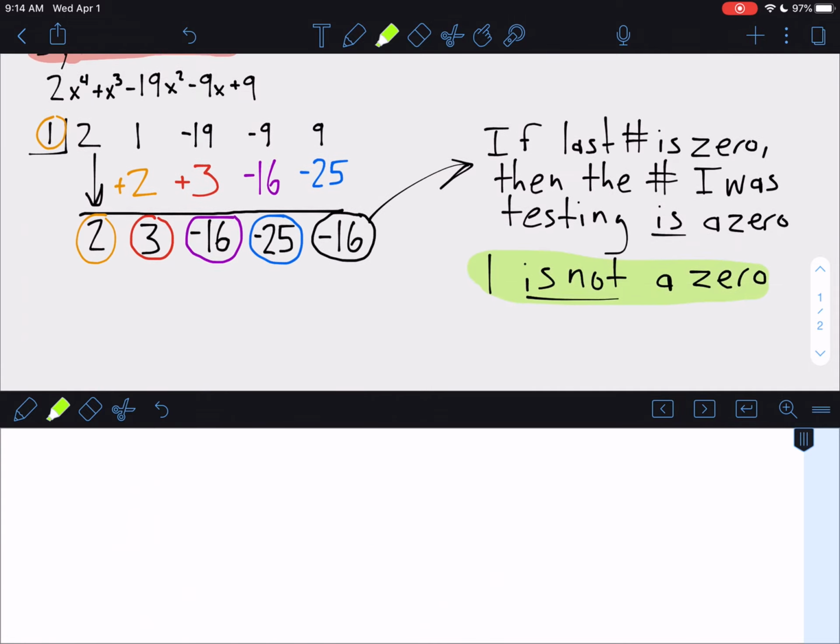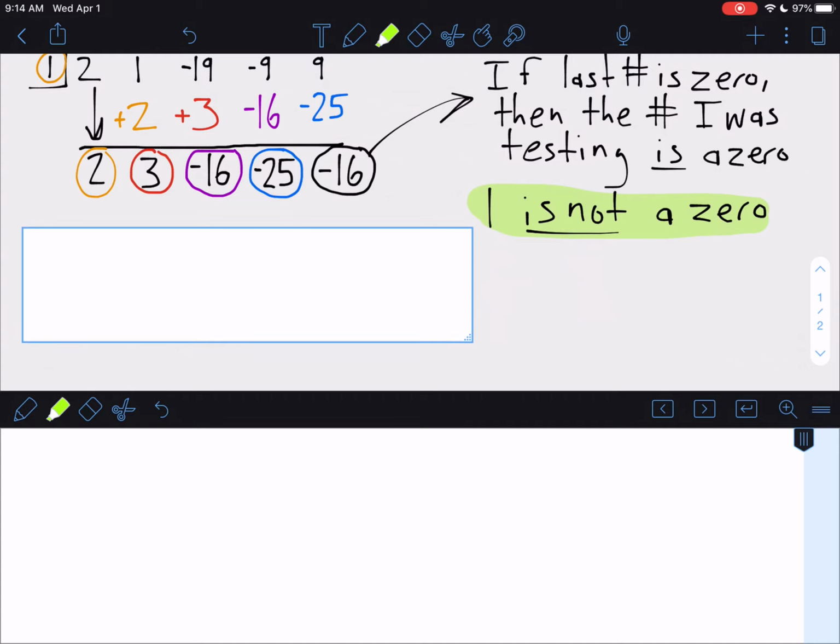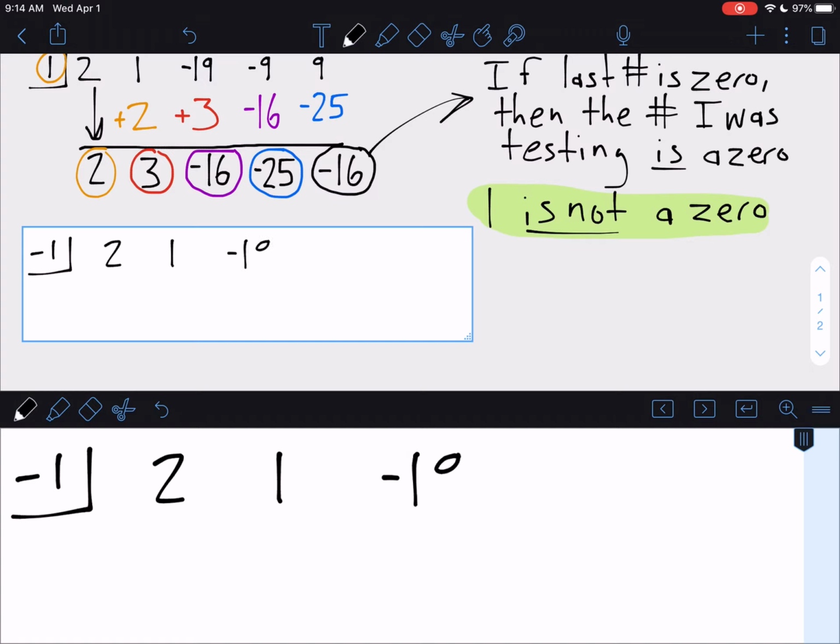The next thing is going to be negative 1 because we had positive or negative 1. So the next thing I'm going to do is test negative 1. I'm going to do the exact same thing I did with positive 1. I'm going to take negative 1, write it inside a box up there, and then I'm going to write out my coefficients. They're going to be the same ones, 2, 1, negative 19, negative 9, and 9.